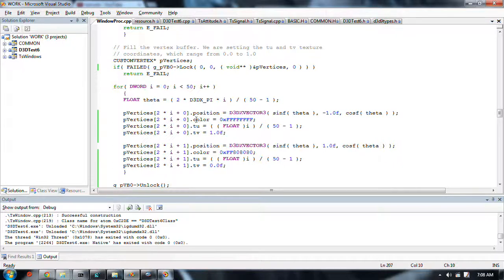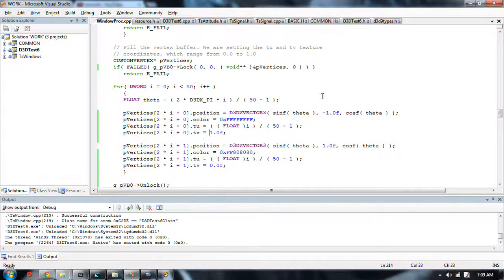So the y coordinate of the texture is in correspondence with this, like 1 corresponds with y equals 0 for the texture, and minus 1 corresponds with y equals 1 for the texture. So the texture, as far as the y coordinate is concerned, is mapped completely from the top of the cylinder to the bottom.